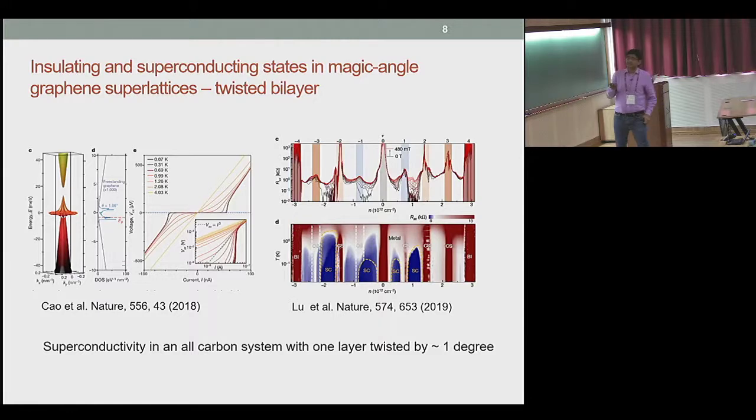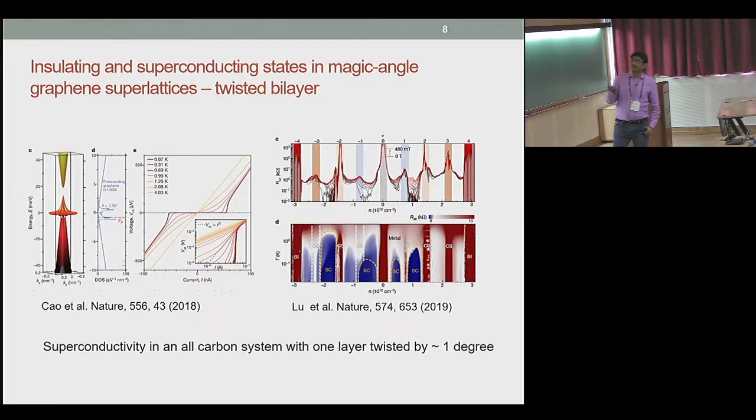Of course, today my talk centers around twisted structures, where when you twist two layers relative to each other, even if they're made of the same system, it develops a periodicity. That's the Moiré periodicity, and that fundamentally changes the band structure.